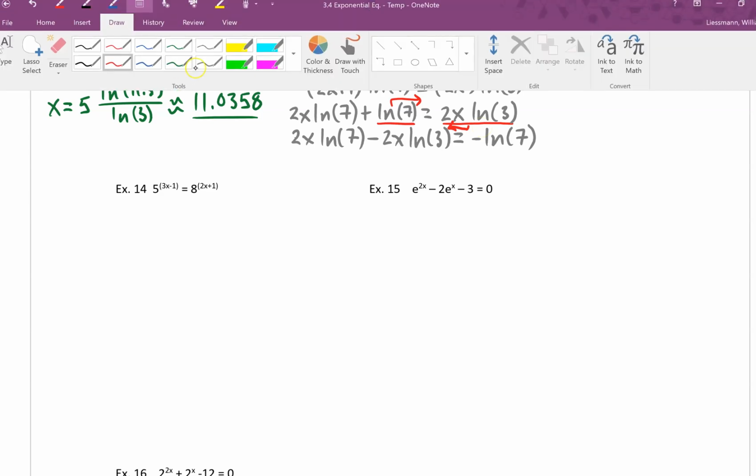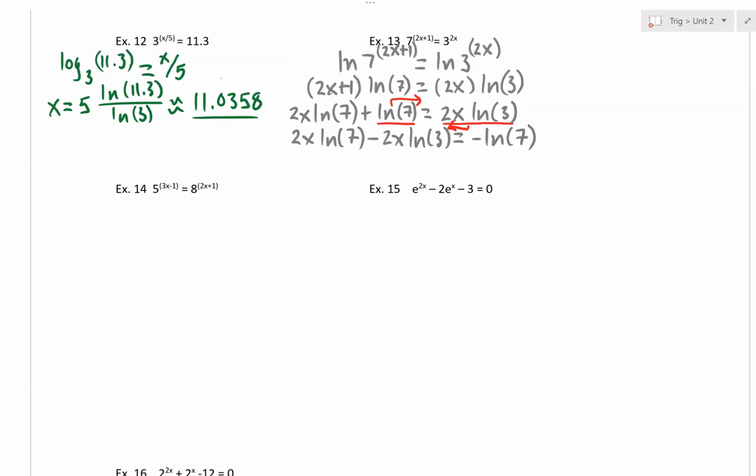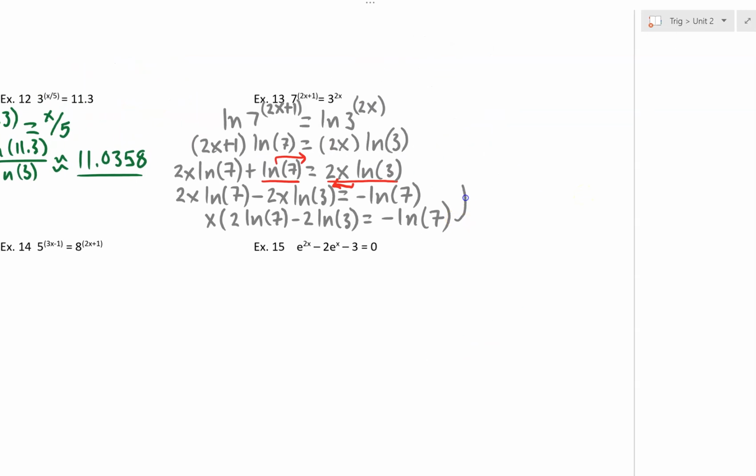Now, once I get to here, I need to get x by itself. So hopefully we see that we can take x out of both of these, and you end up with 2 ln of 7 minus 2 ln of 3 is equal to negative ln of 7. Hopefully everybody sees that.